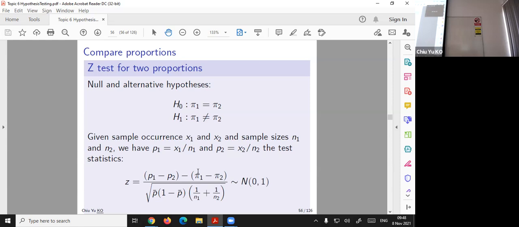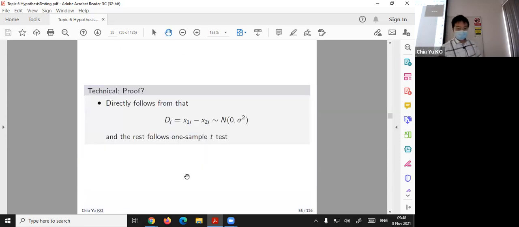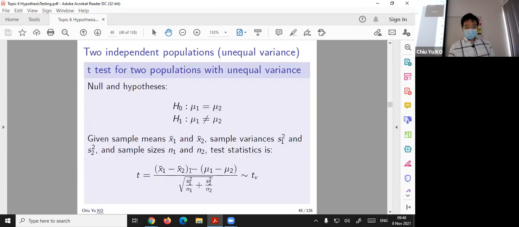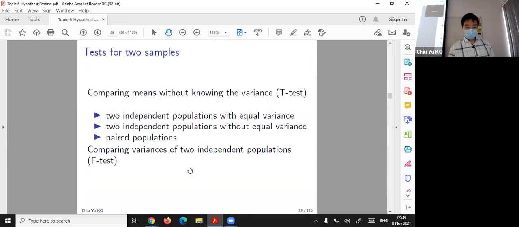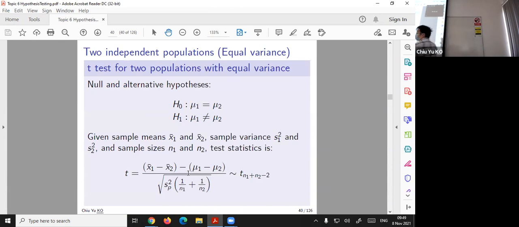Remember this formula. Let me go back a few slides and look at this structure here. Compare with this one. This is the same thing here. This is the variance of the difference. So remember, the structure is the same.